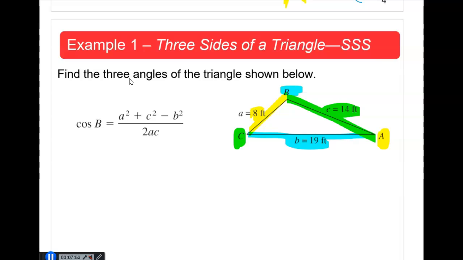The question could also be worded like solve the triangle, meaning find whatever is missing. So in this case, we have to find all three angles. Let's start with one of the angles.